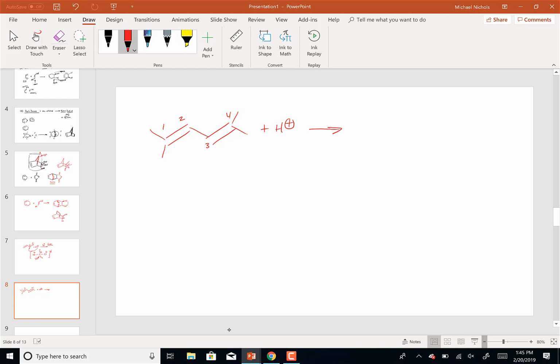But I thought you have to add the H to the carbon with the most hydrogens. So wouldn't that be 2? Both of them are going to be secondary.